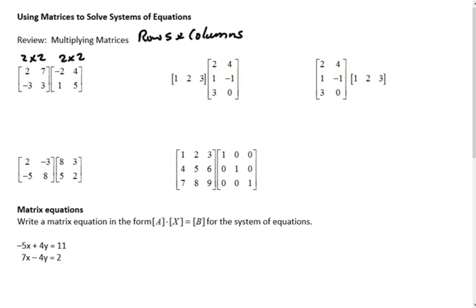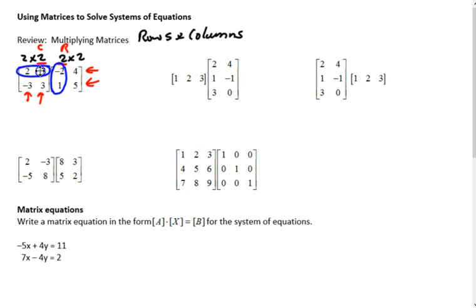And we can multiply two matrices as long as their inner dimensions match when they are side by side. In other words, the number of columns in the first matrix matches the number of rows in the second matrix. And the way we multiply is we take each row times each column. So there are going to be 4 multiplications in this case, because I have 2 rows and 2 columns in each matrix.